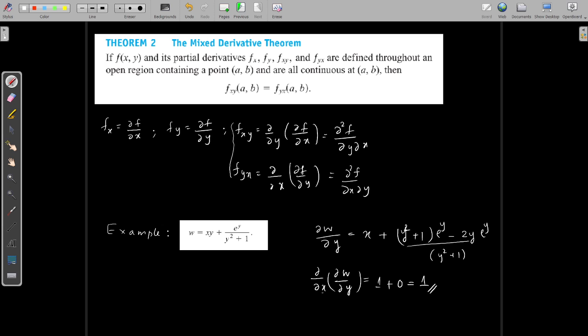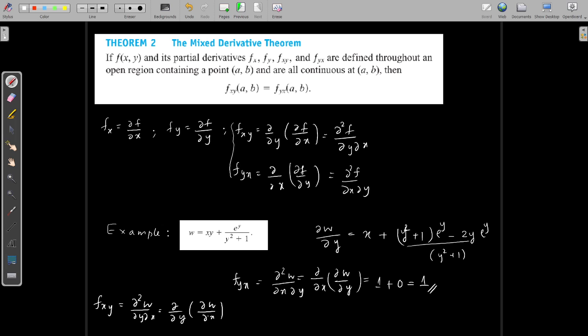This is one way to evaluate d square w by dx dy, that is nothing but fyx. But if you evaluate the other way around, say fxy, that is equal to d square w by dy dx, that is d by dy of dw by dx.